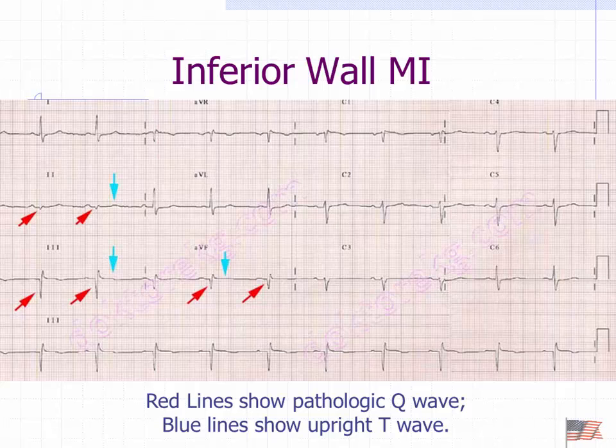Can you see my big Q wave? First downward deflection after the PR segment. Here's my PR segment. Big Q wave. That's showing me I have an old inferior wall MI.